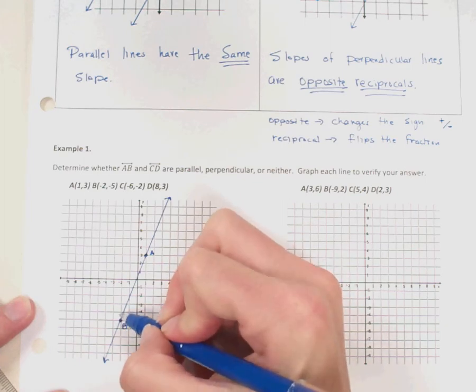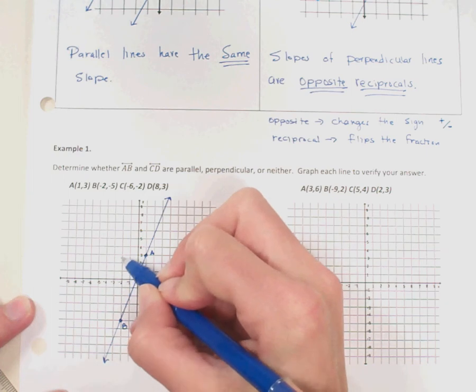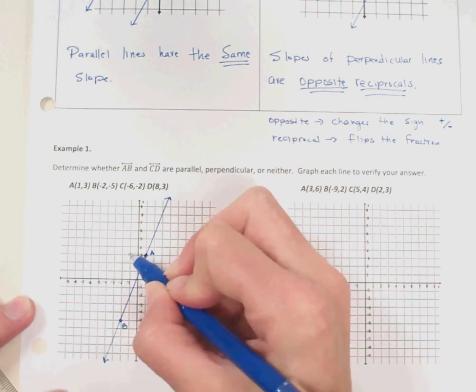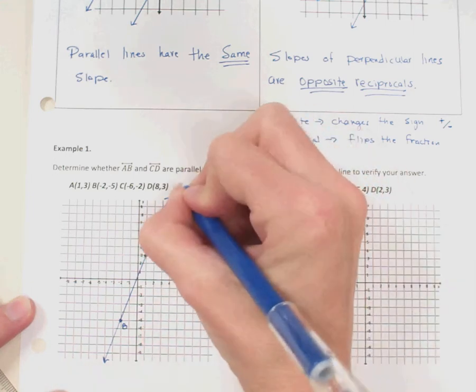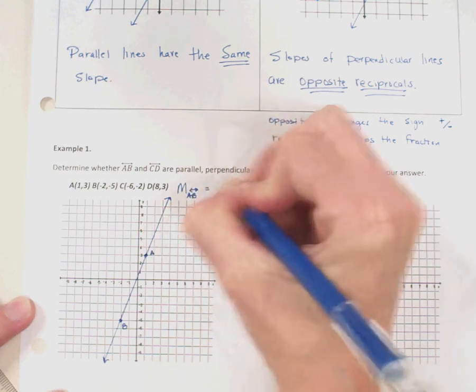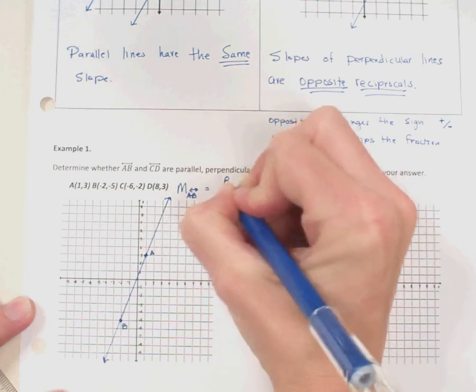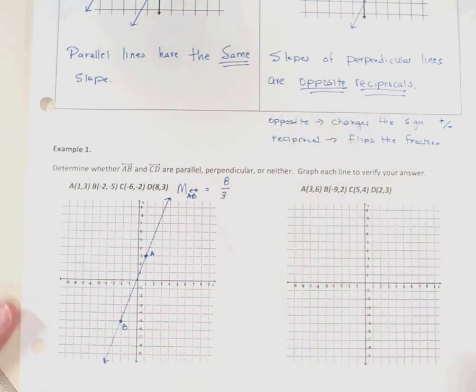I'm going to count up 1, 2, 3, 4, 5, 6, 7, 8, and to the right 1, 2, 3. So line AB has a slope, rise of 8 and a run of 3. So it has a slope of 8/3.